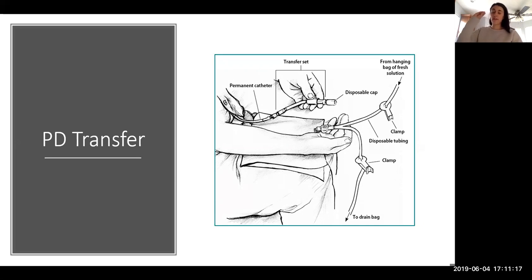After the dialysis is done, you empty that fluid back out. So you would clamp this one off, and you would unclamp the other one, so it can flow into another bag.